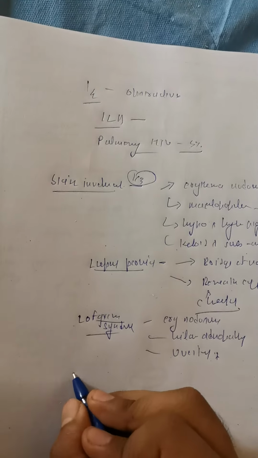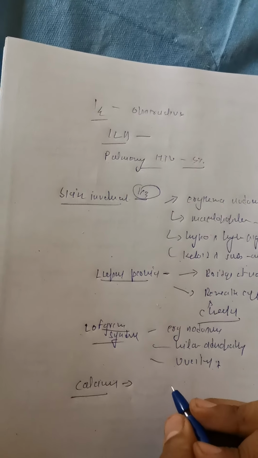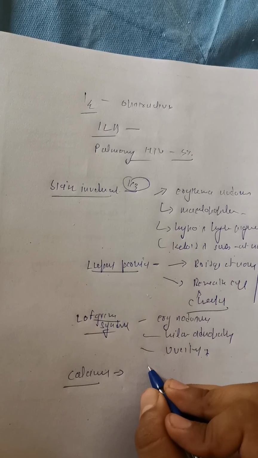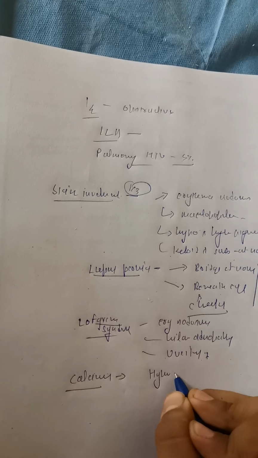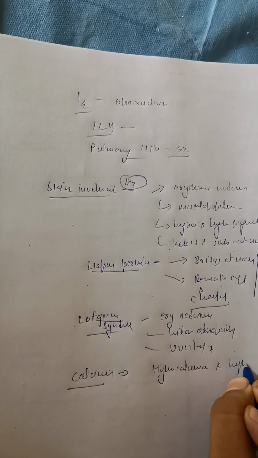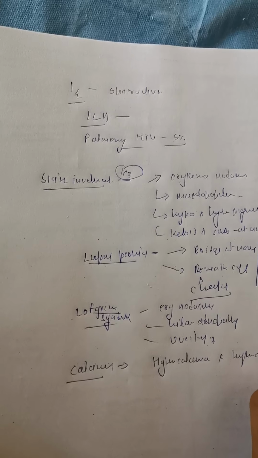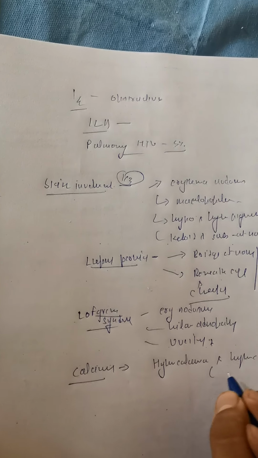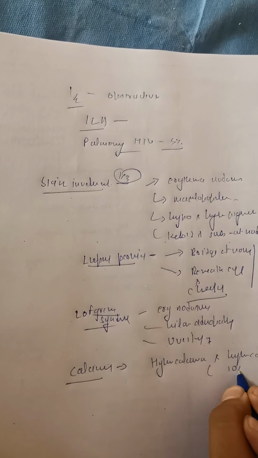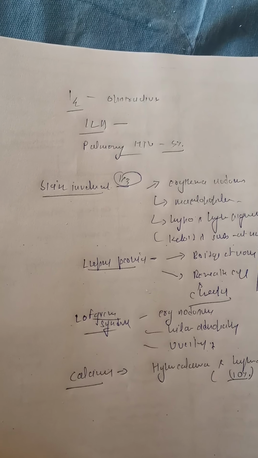Now we will talk about the calcium metabolism. There is hypercalcemia and hypercalciuria seen in around 10% of the patients with sarcoidosis.